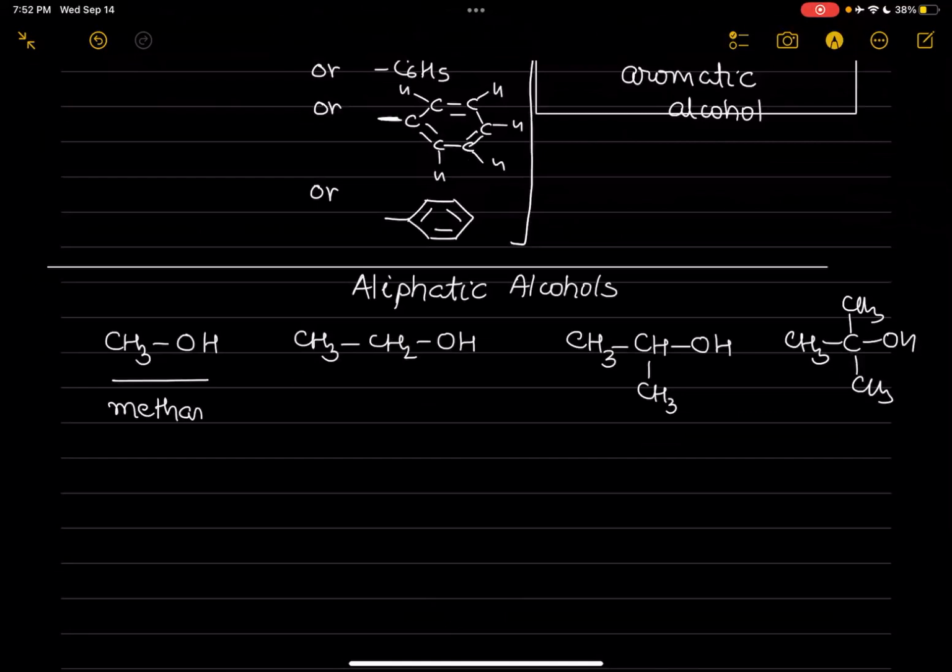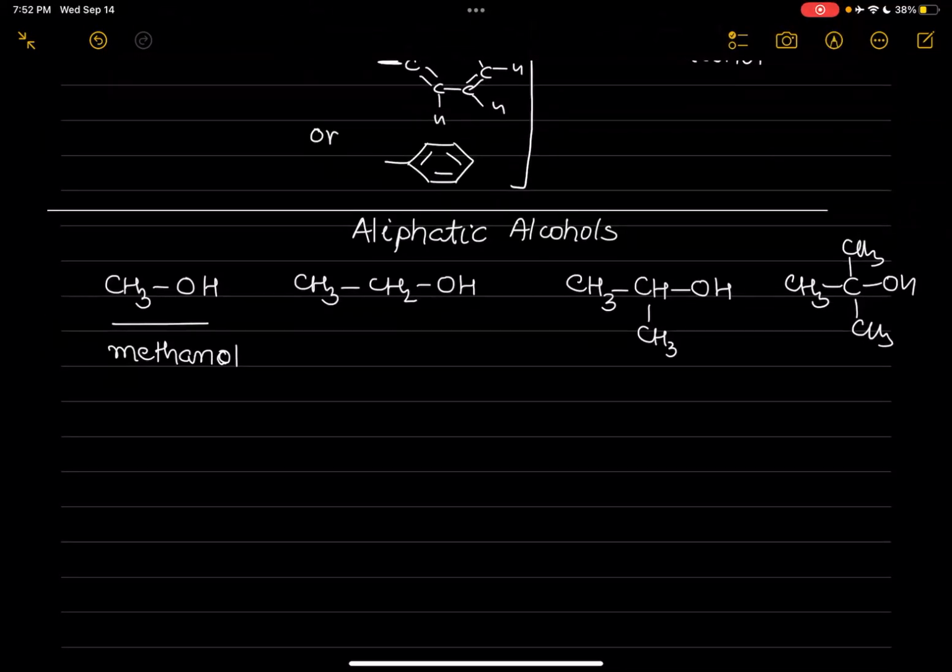Alcohol is the general name for all of these. It has only one carbon, so methanol. Meth is the number of carbon atoms, ane is for single bond, double bond, triple bond, and ol is for the functional group. Methyl alcohol is the common name; methanol is the IUPAC name. Clear?